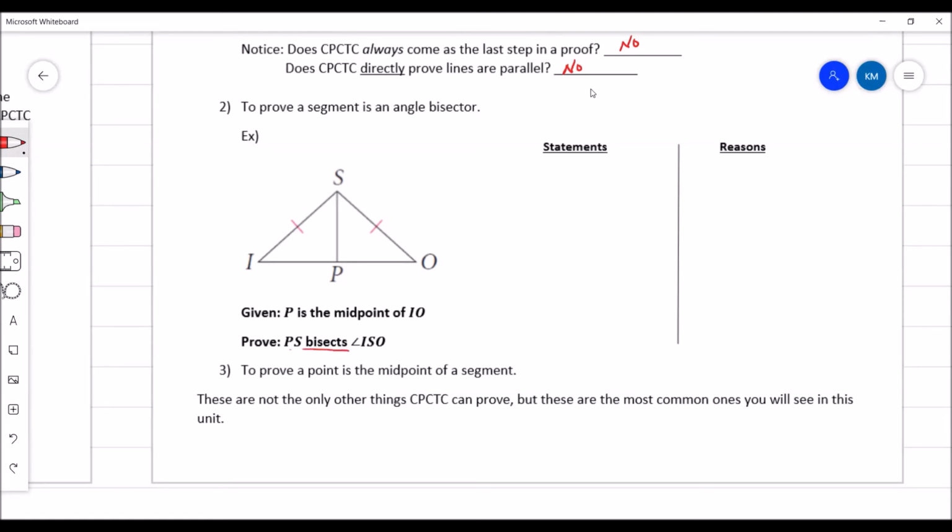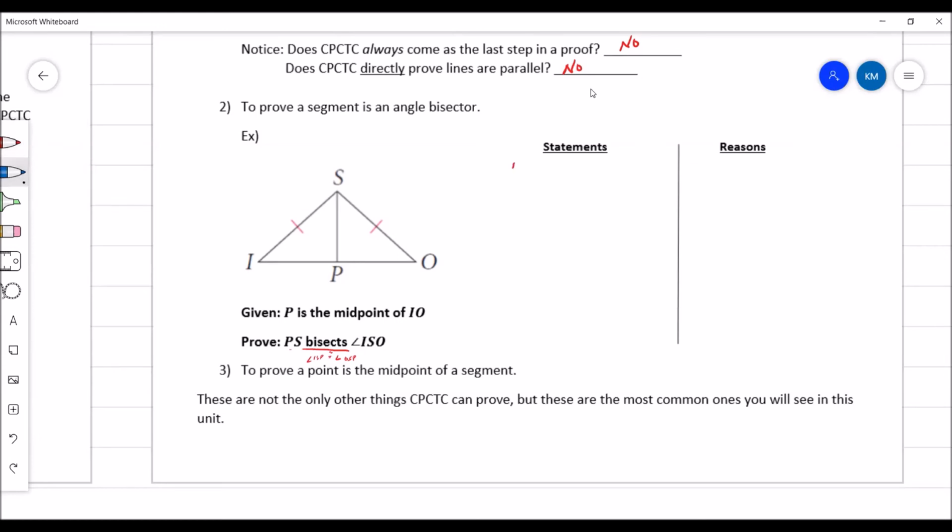Bisects means cuts in half. So it's basically saying, hey, prove that angle ISP is congruent to angle OSP. Okay, because once we do that, we can say that SP must bisect it, or PS must bisect it. So our given, I'm going to start with that just so I can get it out of the way. I'm going to go through and do our proofs.